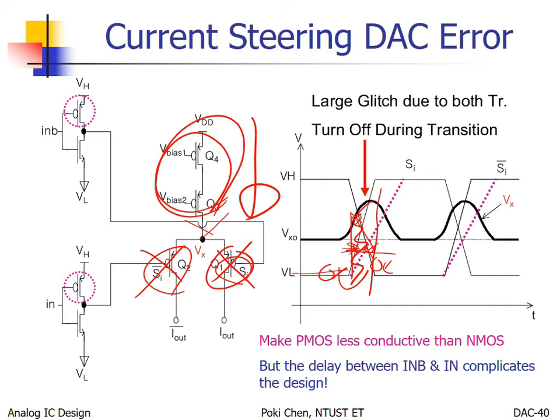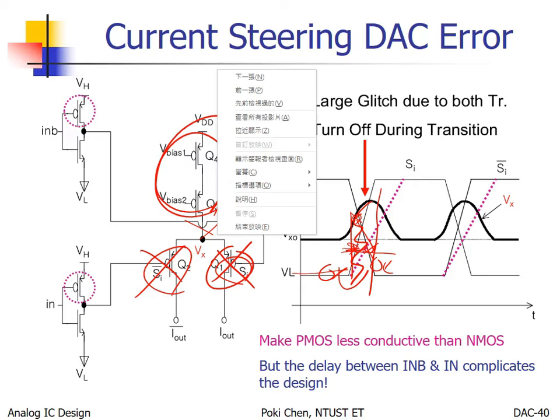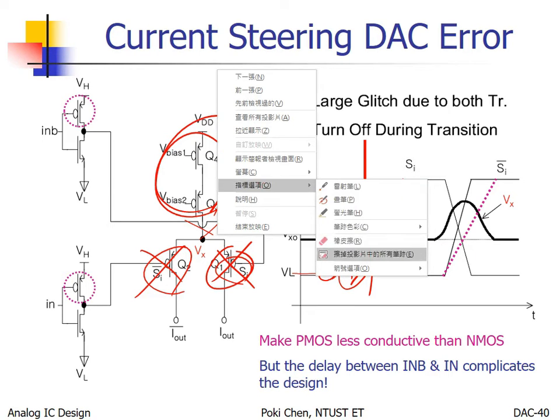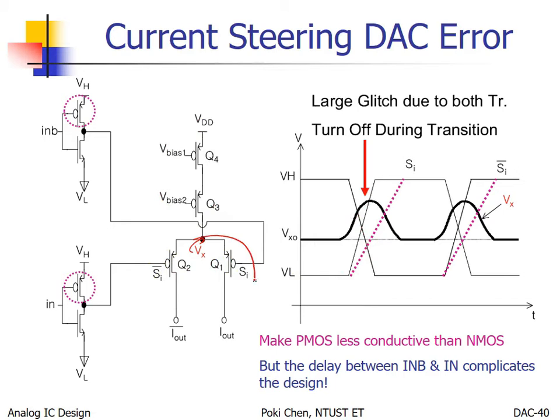But how? Okay, it will charge the parasitic capacitance for this node. It would like to die, all right, to pass away. So it will try its very best to charge this one.